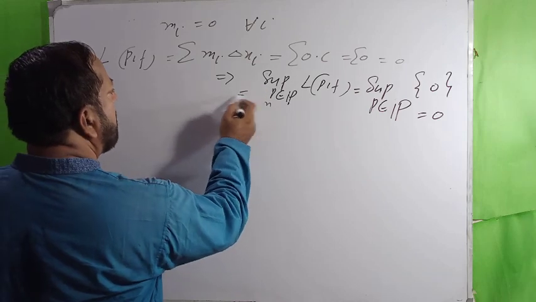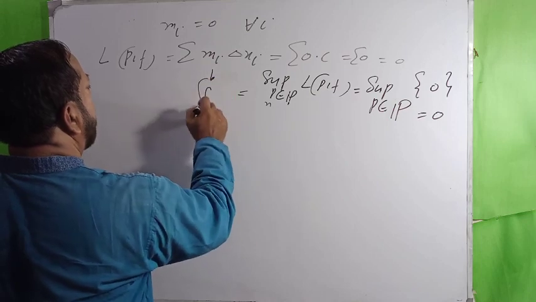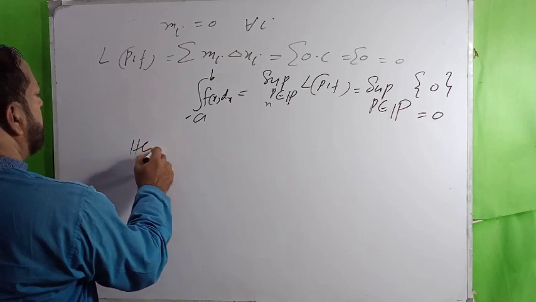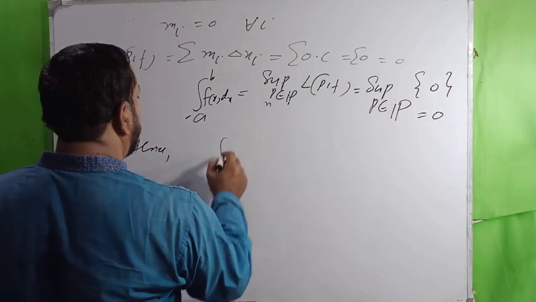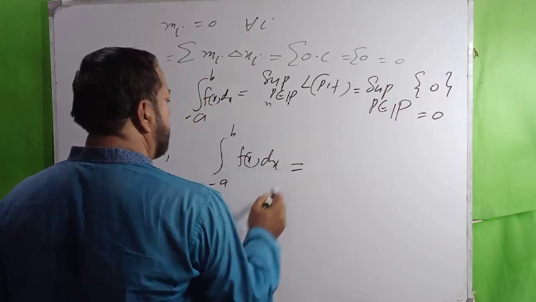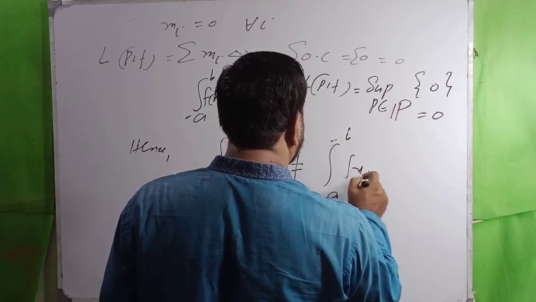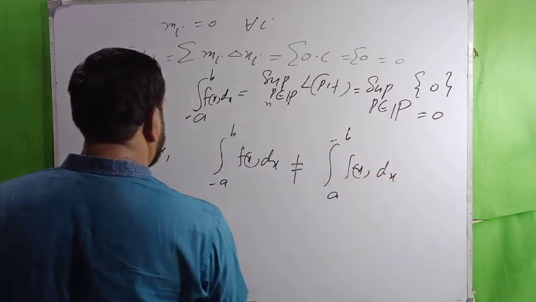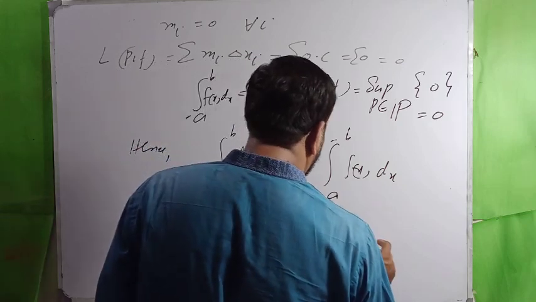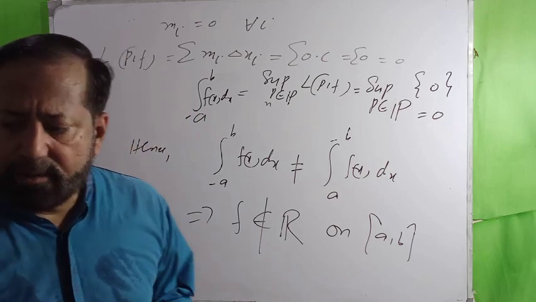And what was this? This was the lower integral from a to b of f(x) dx. Hence the lower integral from a to b of f(x) dx is not equal to the upper integral from a to b of f(x) dx. This implies that f does not belong to R on [a, b], where [a, b] was any interval, right?